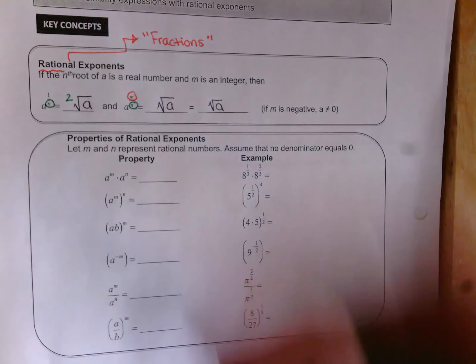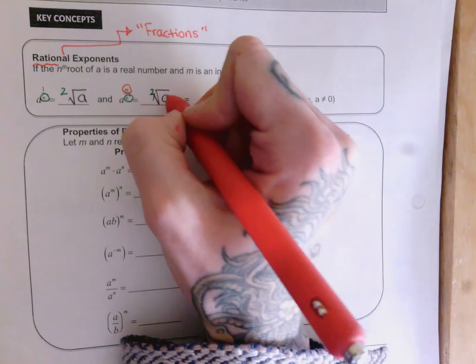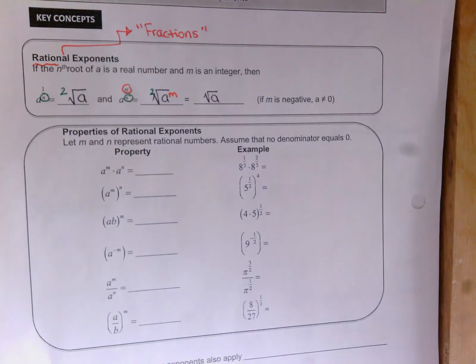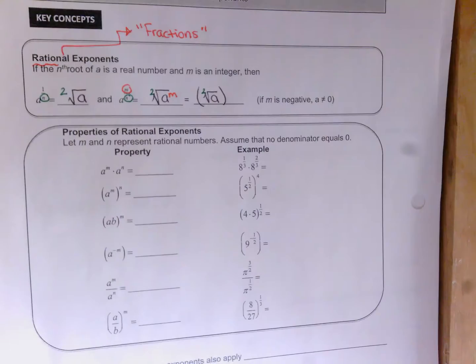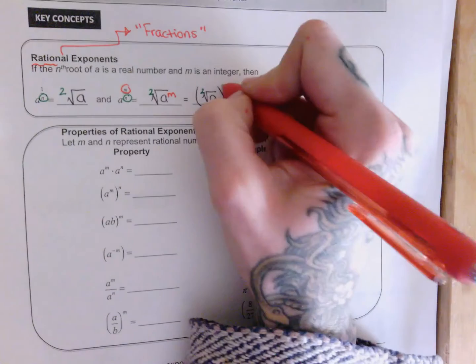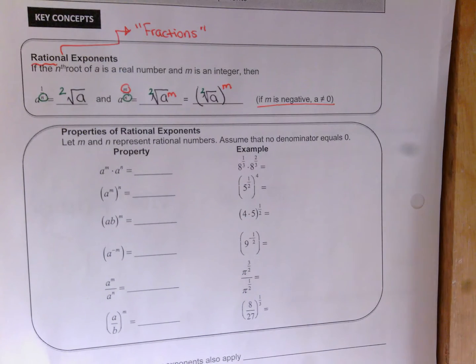I could say that the index is here and the power is here. Or I could say the index is here and the whole thing is raised to some power. And we're assuming that if m is negative, that a is not equal to 0.